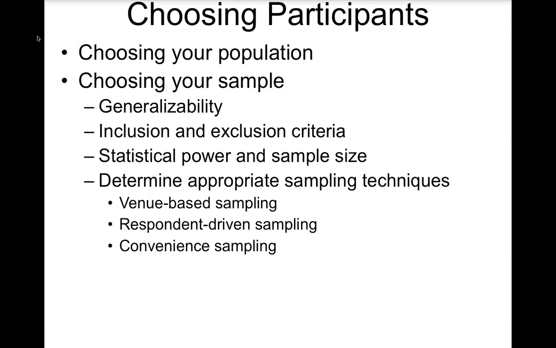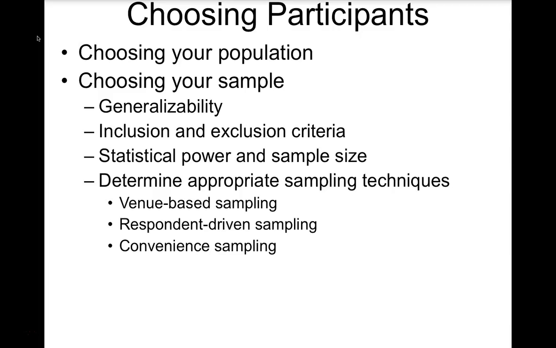So we want to think about whether or not it's important to us that that sample is generalizable to the broader population. So if we are thinking about adolescent girls, we want to be able to say that our sample of adolescent girls is similar to or generalizable to the entire universe of adolescent girls or the entire country's worth of adolescent girls. And we also want to think about our inclusion and exclusion criteria.